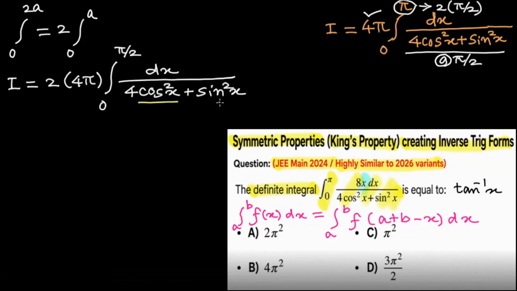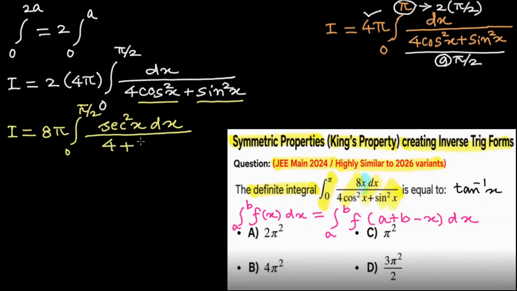Next, considering cos square x and sin square x in the denominator, as usual we will divide numerator and denominator by cos square x. So I becomes 8 pi integral from 0 to pi by 2, sec square x dx upon 4 plus tan square x.